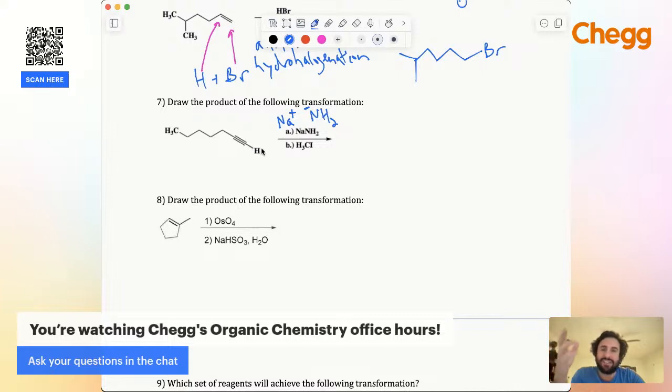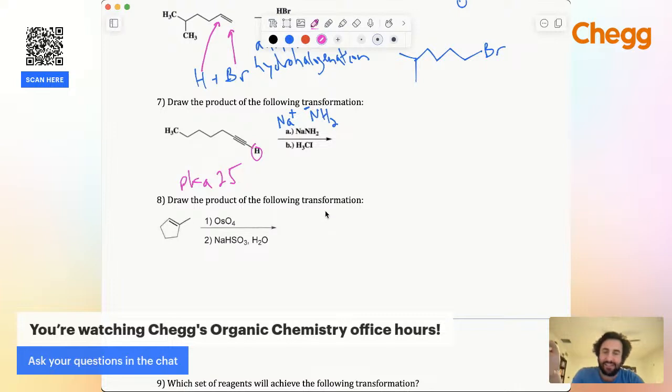So alkynes are not especially acidic, but they're more acidic than alkenes and alkanes. Alkanes have a pKa around 50. Alkenes have a pKa around 40, not acidic at all. Alkynes have a pKa around 25.